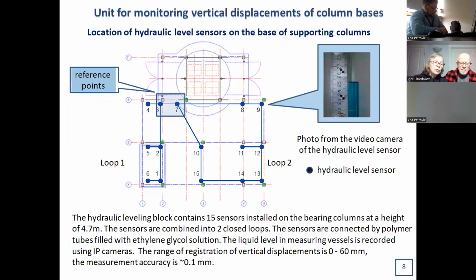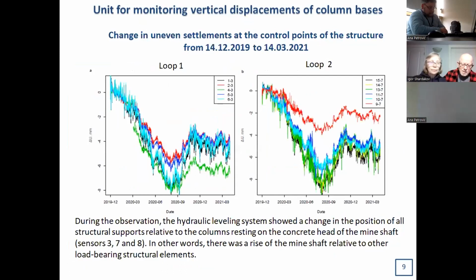The next series of slides show website pages with information related to each primary sensor unit. You can see the location of each group of sensors by structural elements and the history of data changes for the selected period. Next slide shows the operation of the unit of monitoring uneven settlements of bearing columns.